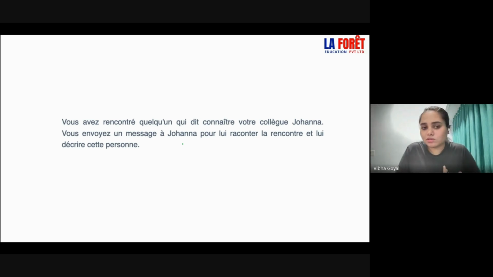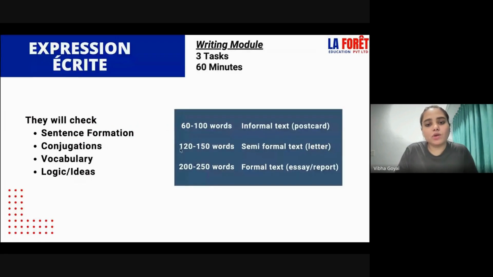So this is like, it is quite clearly given what you have to write. Okay, and look at the word limit here, 120 minimum.